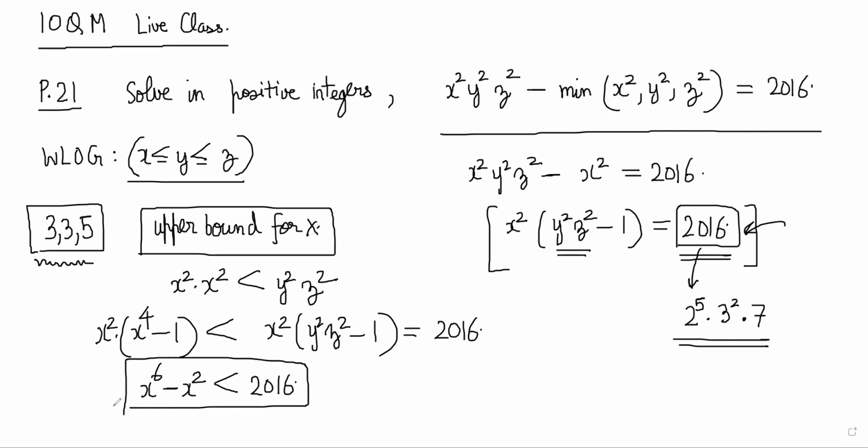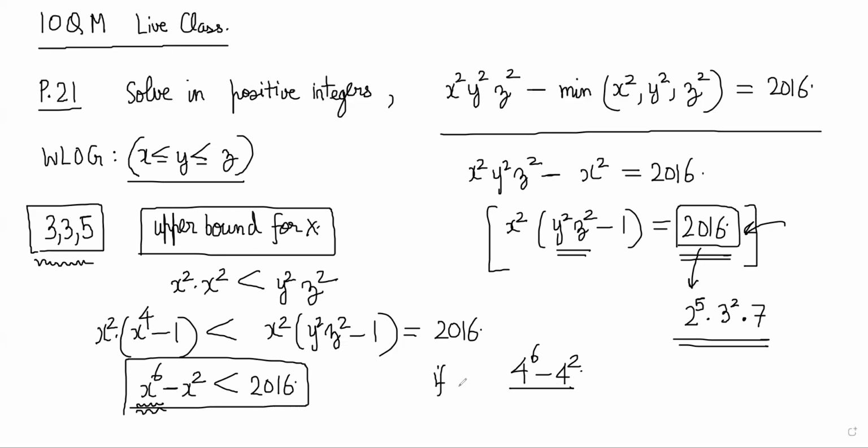Sir. From here, what you can now see is x power 6, till where? If you have 4 power 6, minus 4 square, that is already bigger than 2016. You can see this.